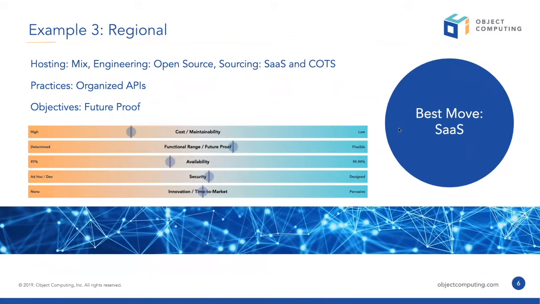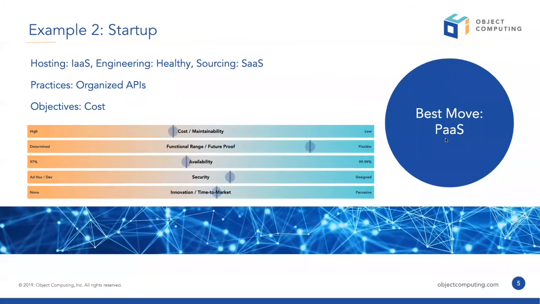Or in this case, it was SaaS. Let me see if I can go up to one. Let's say getting from infrastructure as a service to platform as a service. Okay, maybe you can't do that. Maybe you have a reason not to do that. What you can do then is just drag your circles for, let's say, your secondary or third level requirement that you'd like to see improvement in, and that will tell you other options.